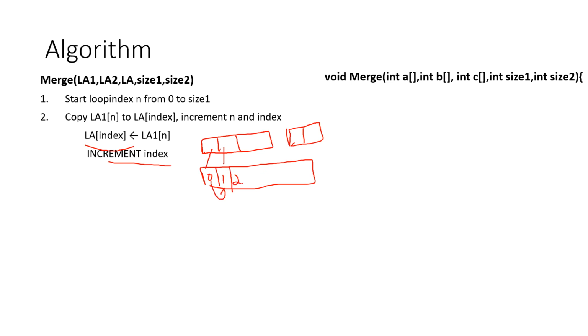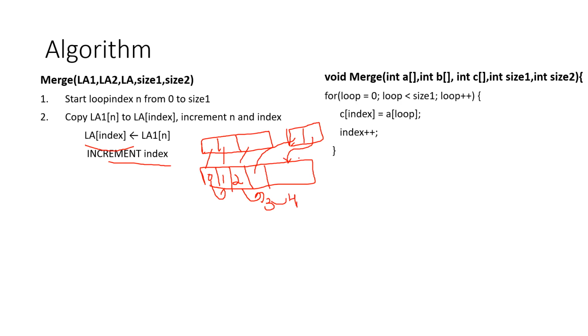In the third place, I have to copy the third element of array 1. Now, after copying, my index of the resultant array is 3. This place is waiting to get the element from the second array. This element is placed here. Then increased, it is 4. In this way, elements are copied.